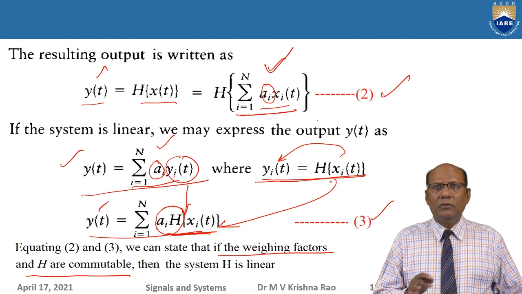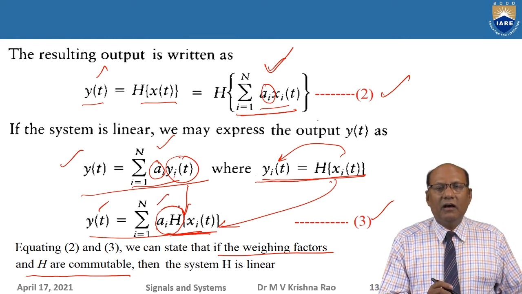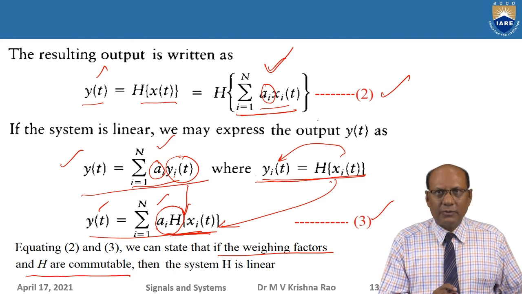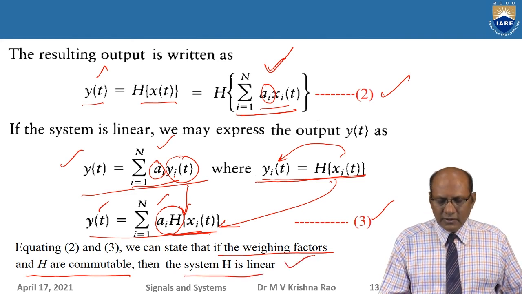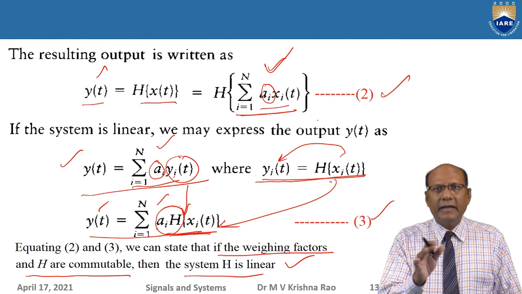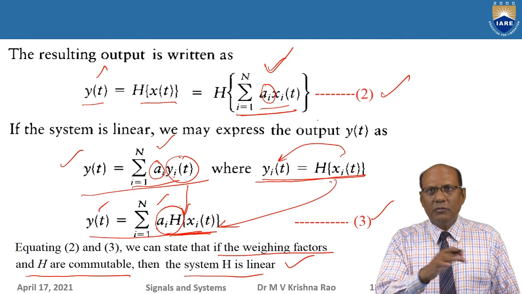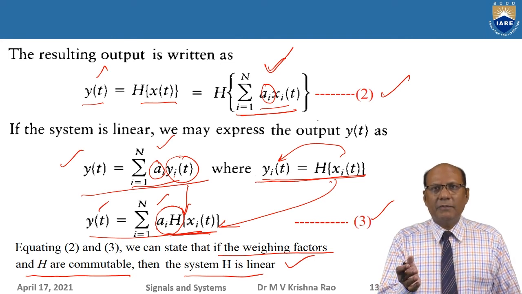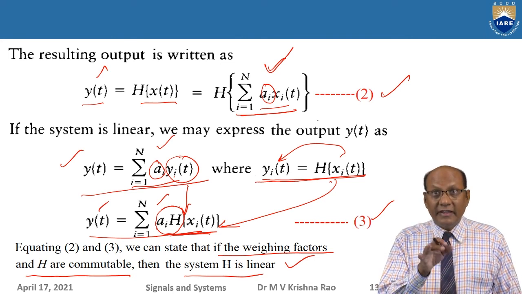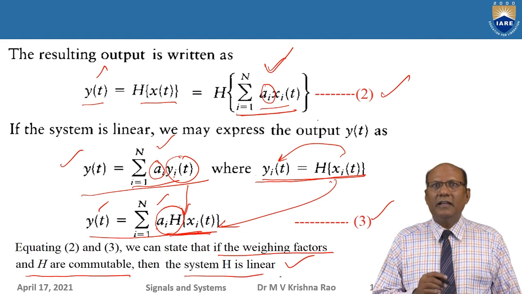Both won't matter. So if the weights and the system operation are commutable, then the system can be called linear. The order is not important: ai and then h, or first h and afterwards ai. Both the multiplication and the system operation can be in any order. Then the system becomes linear.